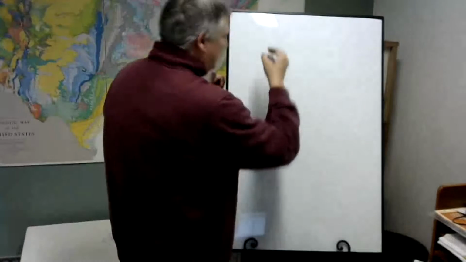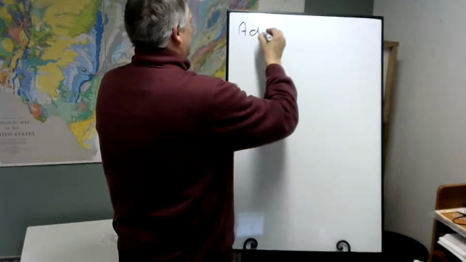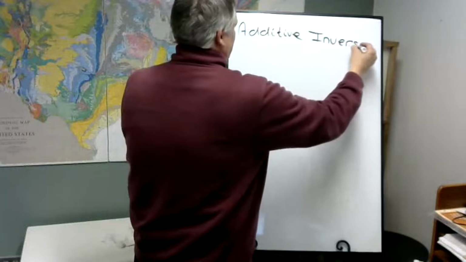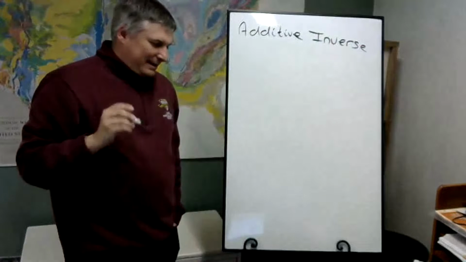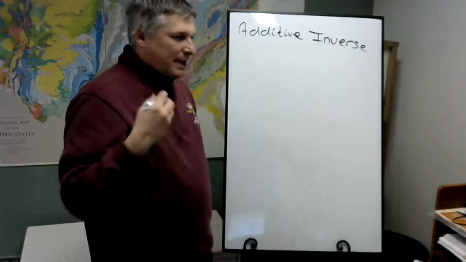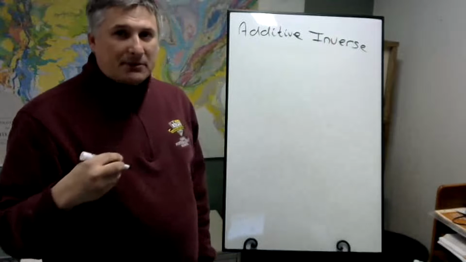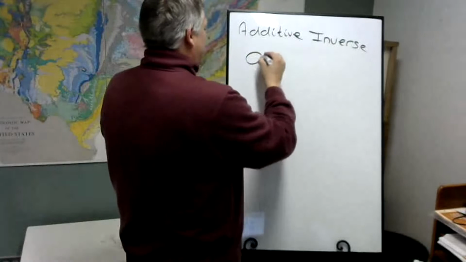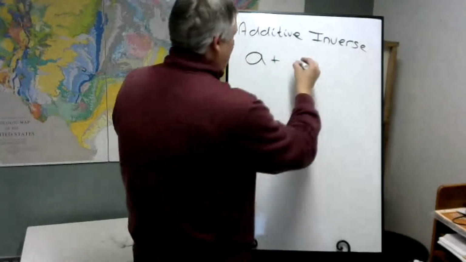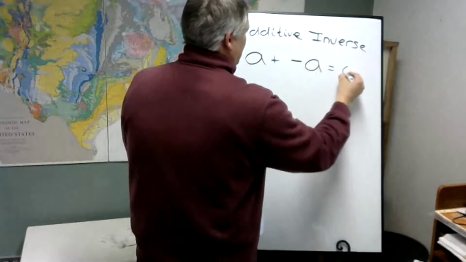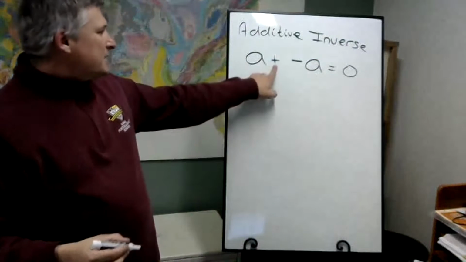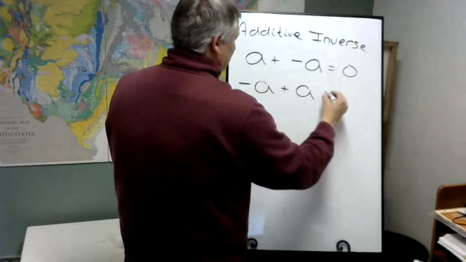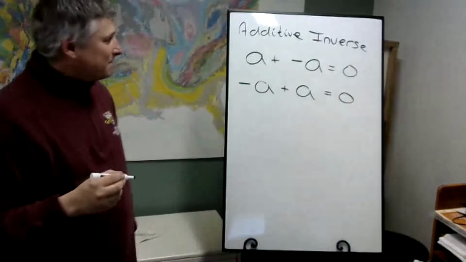Next is the additive inverse. The idea here: if you take a number and add to it its opposite, you get 0. And we just saw that here. So if you have A, add to that the opposite of A, you're going to get 0. And because this is addition, the order doesn't matter. The opposite of A plus A, you're going to get 0.